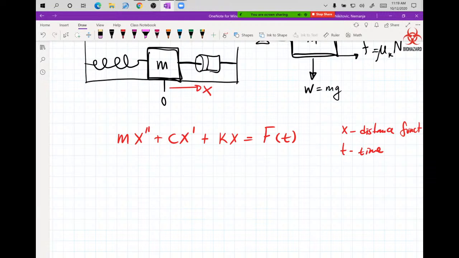So when you look at this, this term over here will be called the forcing term. And the forcing term is something that we are going to avoid in this lecture, because that requires undetermined coefficients and variation of parameters, which is the next lecture.